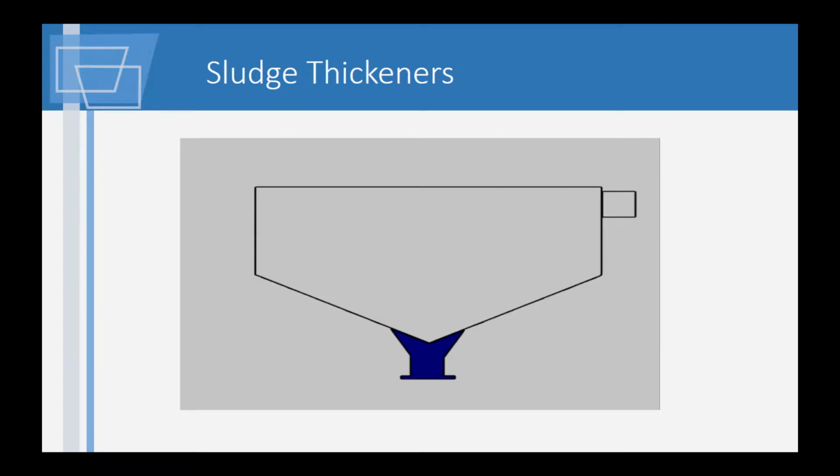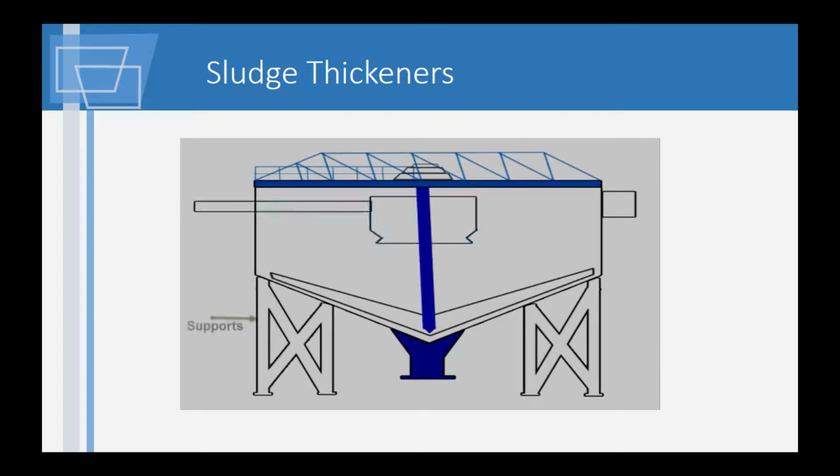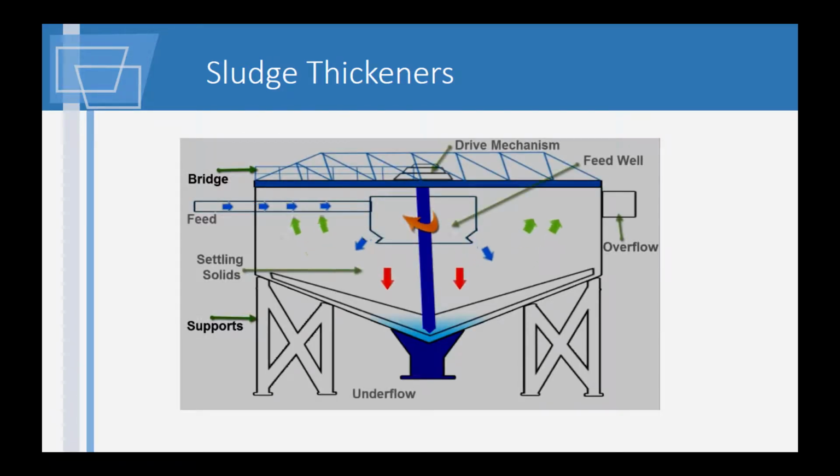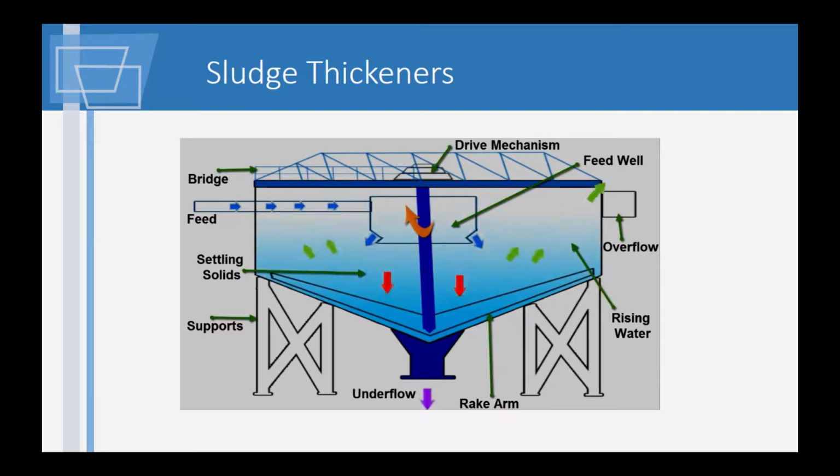Hello and welcome. In this video we will see how a thickener works. Feed enters tangentially into the feed well, which is then fed to the thickener. Solids start settling down. The scrapers of rotating rakes scrape the solids towards the underflow. The liquid component rises to the upper part of the thickener to flow into the overflow line.